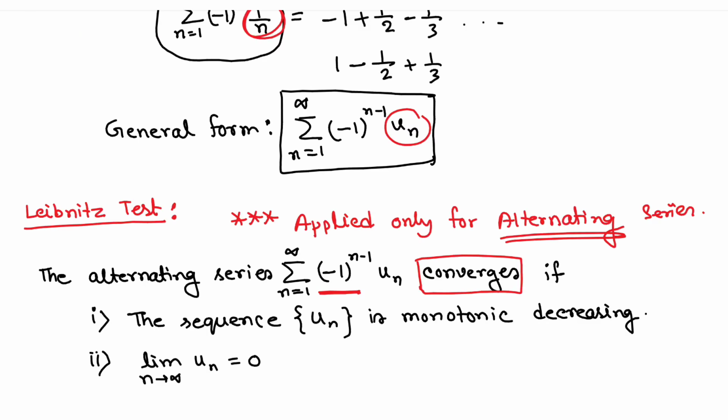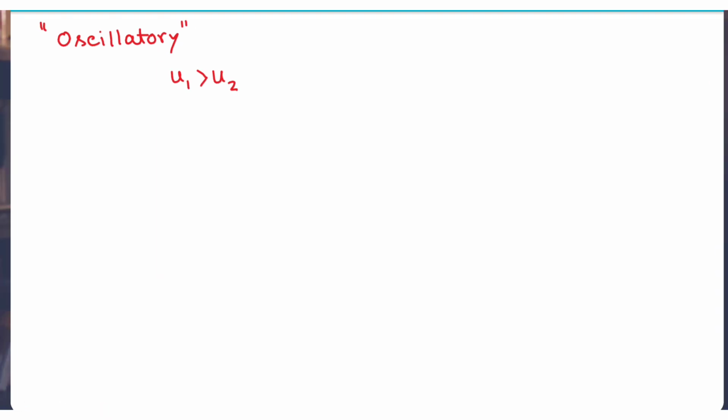Now the problem is how to show that a sequence un is monotonic decreasing. Monotonic decreasing means the next term will be less than the previous term. Yes or no? That means u2 is less than u1, the second term is less than the first term.